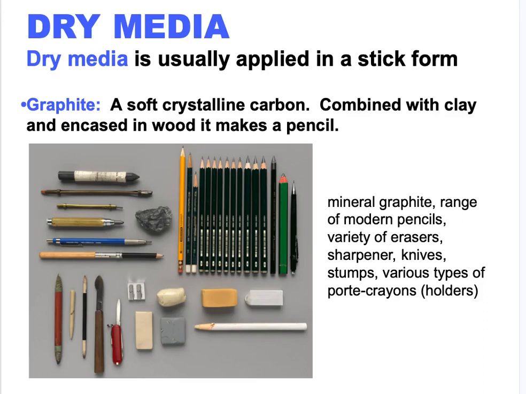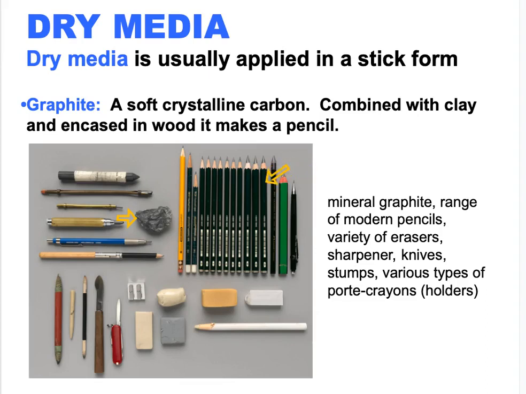So on each of these slides, I have this image of the different types of drawing media we have, and I'll just try to point to them as I go through. Here in the center, we have mineral graphite. That is what it would look like if it were naturally mined from the ground. And here we have a range of pencils.